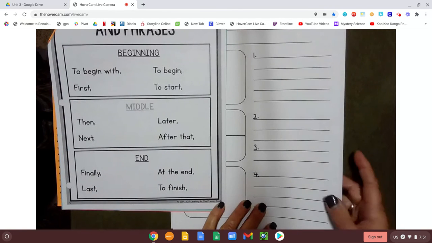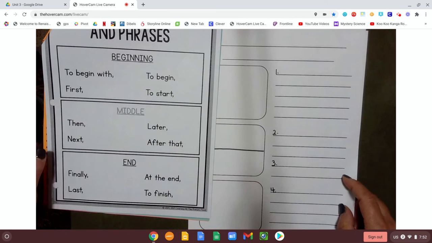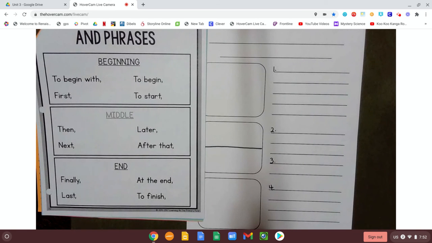So before I begin, and before I can even decide which one I want to use, I need to think about what I want to write about today. I've already written about how to make a turkey with my hand, and I've written about how to feed my cat. But you know what? This week, Thanksgiving is coming up. And I don't know about you, but when it's Thanksgiving at our house, we have lots of yummy food.